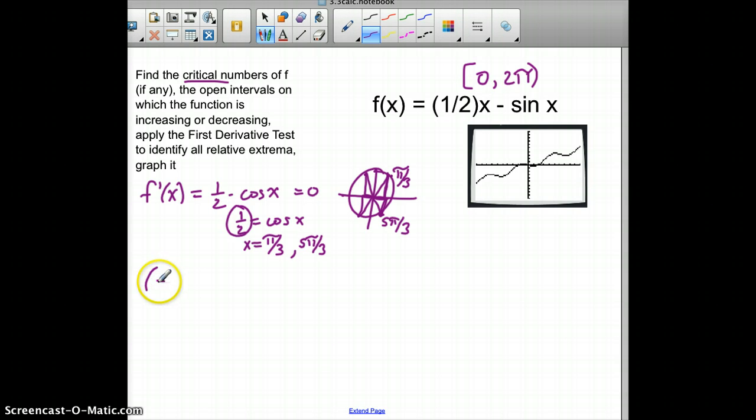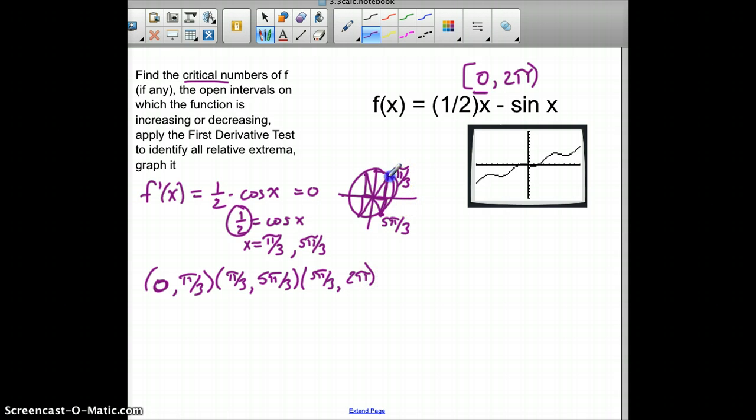So from 0 to pi over 3, I'm using 0 and not negative infinity because my interval starts at 0. Pi over 3 to 5 pi over 3, and 5 pi over 3 to 2 pi.